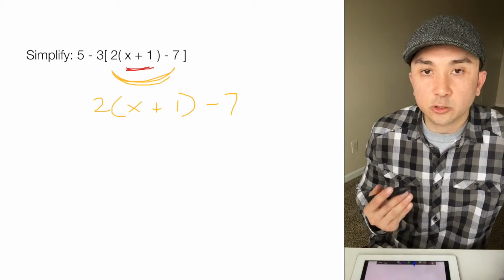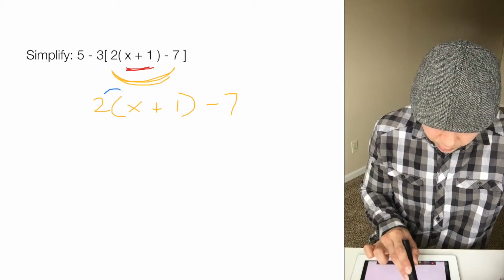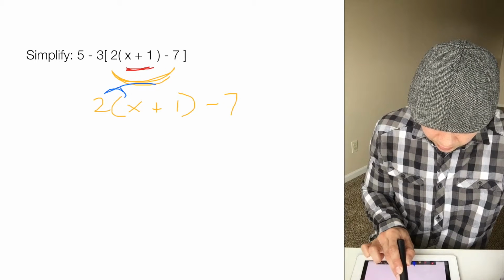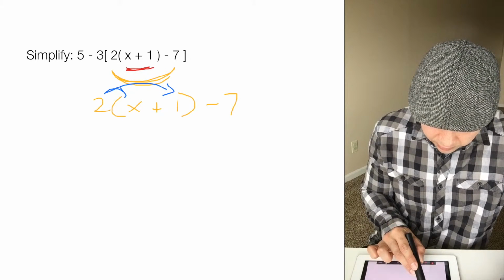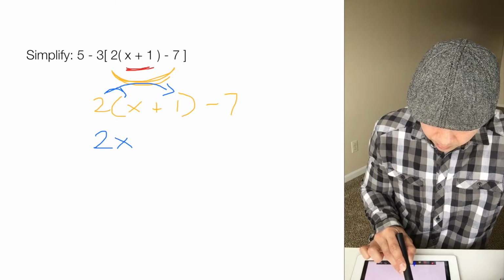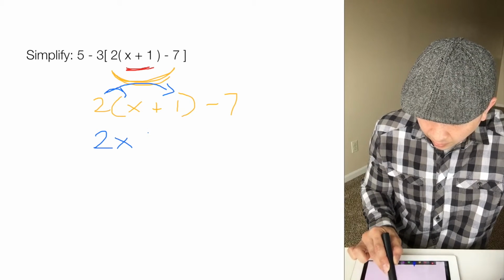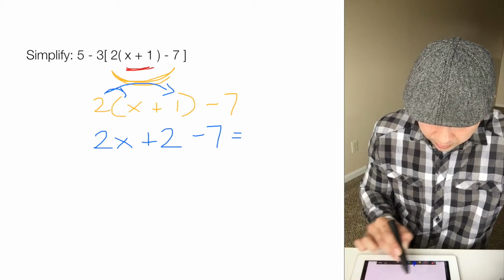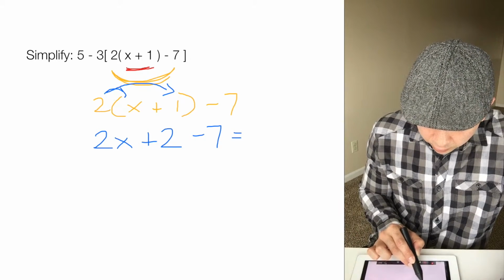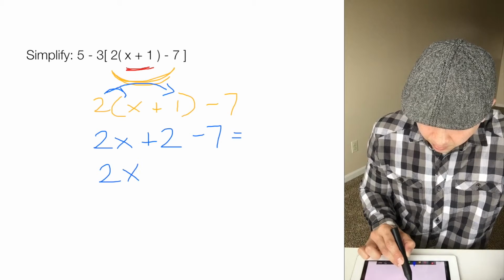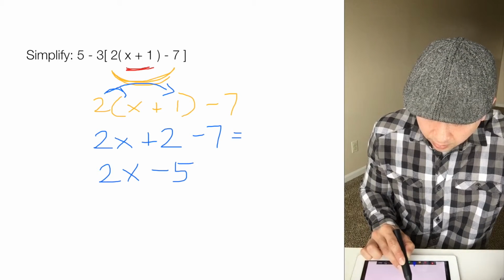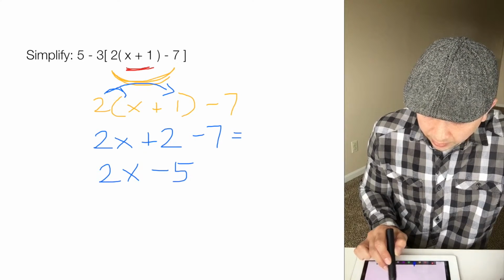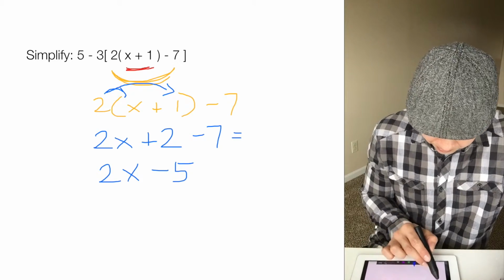So using the distributive property, we can distribute the 2 to the x and the 2 to the 1, which gives us 2x plus 2. And then we have our minus 7. So now we can simplify this as 2x minus 5, because 2 minus 7 is minus 5.